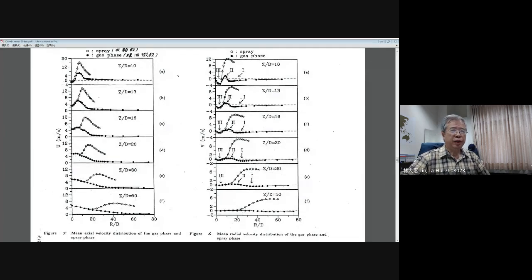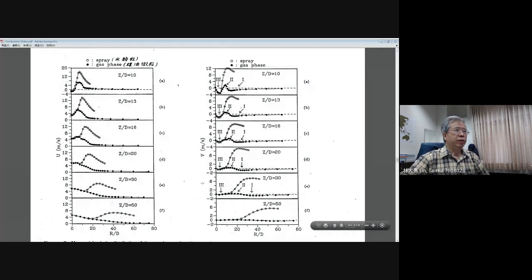Now we try to look at the axial velocity distribution and the radial velocity distributions in different cross sections for the spray, from the vicinity near the spray nozzle up to the very far downstream.